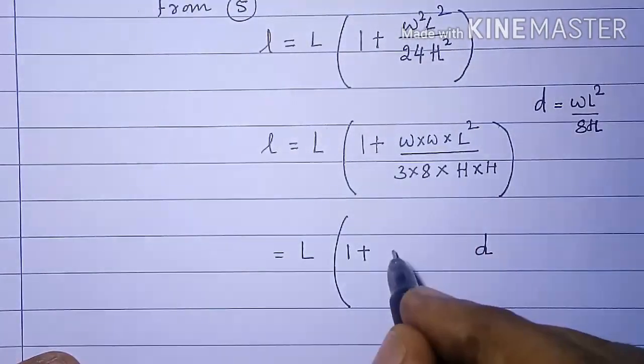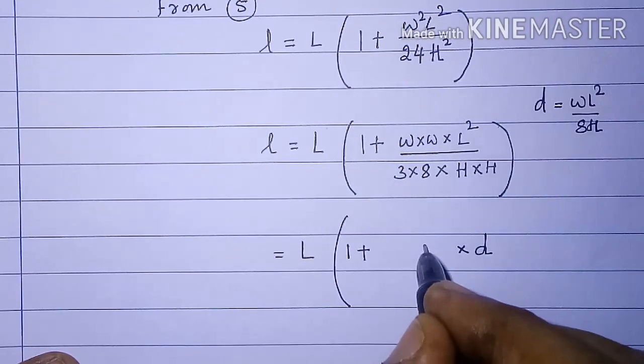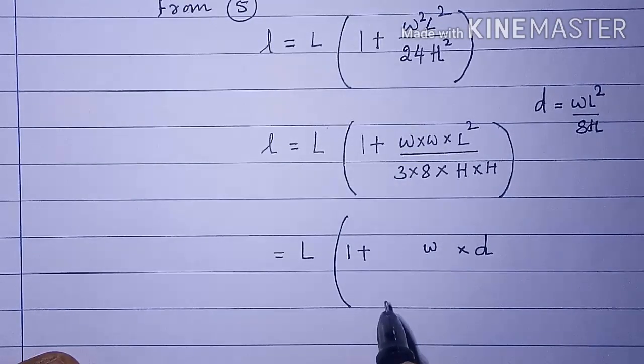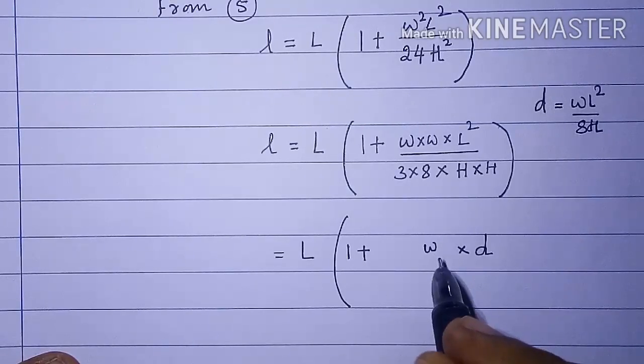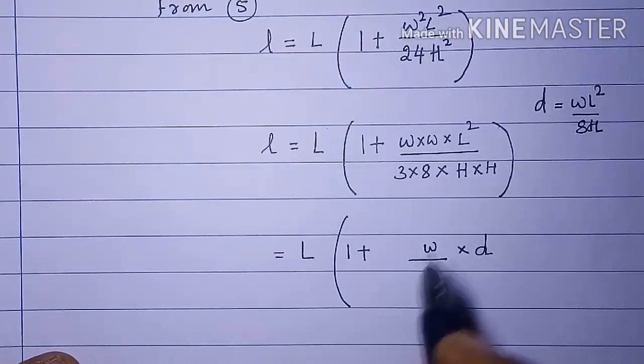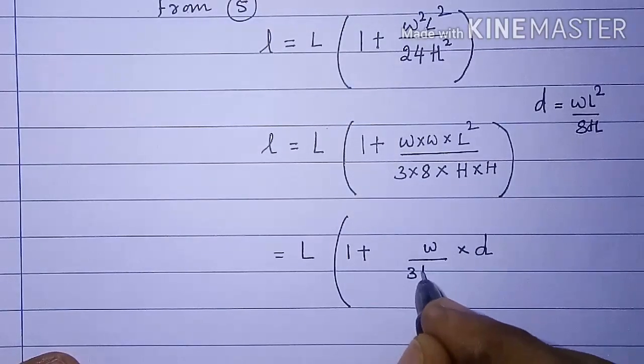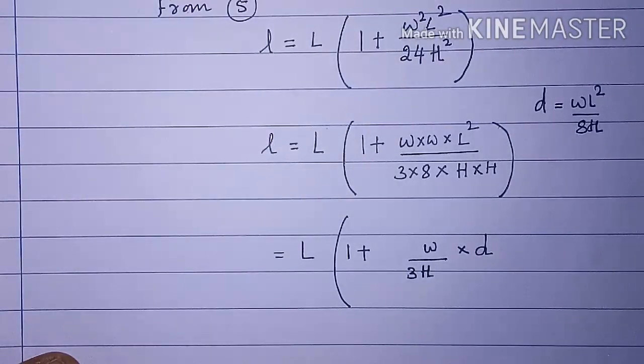and here we are having one W in numerator and 3H in denominator.